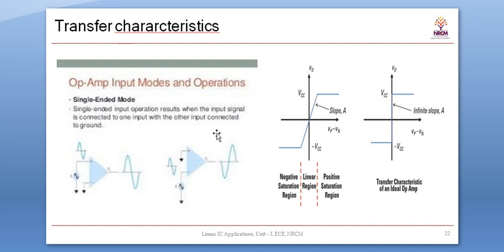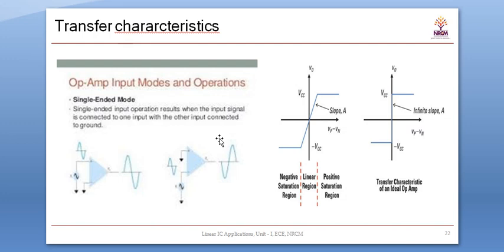V naught is 15 divided by AD, which is 2 into 10 to the power 5, and the differential input voltage range which can be amplified is 7.5, that is 0.075 millivolt, or 75 microvolt.